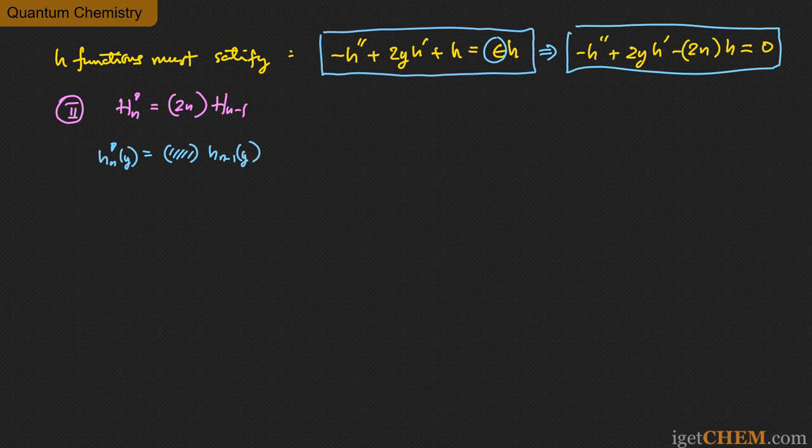What this means is, for every value of y this is true, but with the same constant. Since we do not know the proper normalization for h_{n-1}, and we don't know the proper normalization for h_n, we know these only to some unknown coefficients. And since we don't know exactly what they are, we can't prove that this is exactly equal to 2n.